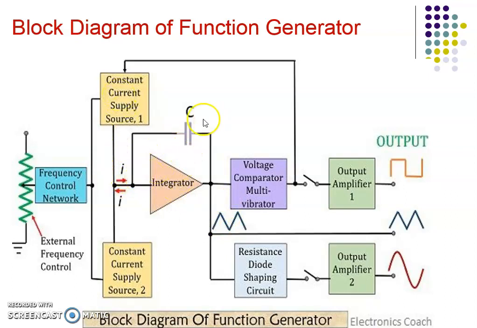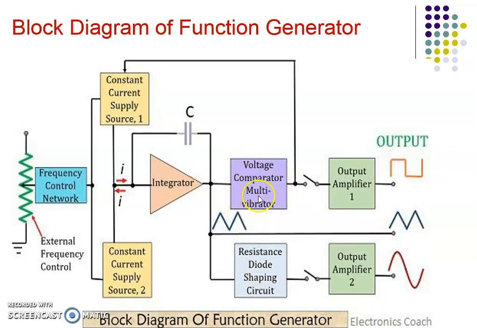So it charges in this way and it discharges in this way. This constant current source 2 is responsible for discharging the capacitor. So charging is in this direction and discharging is through constant current source 2. Then once the triangular wave is available, that is considered as the second input, and these two blocks work.